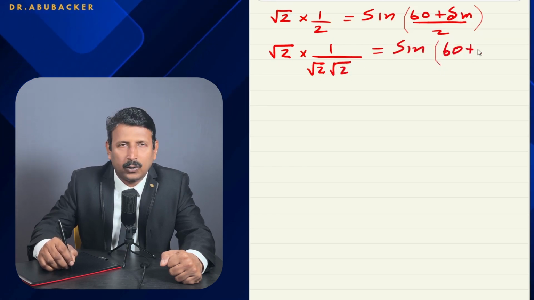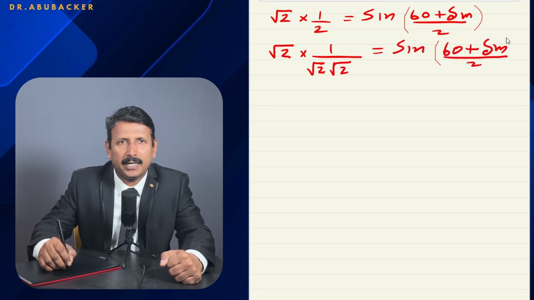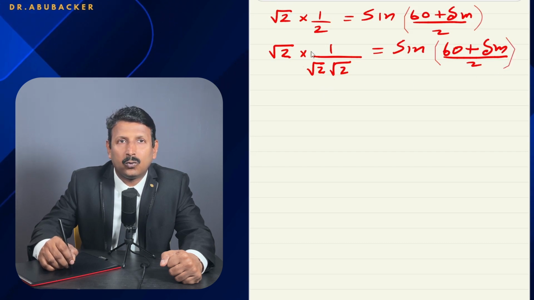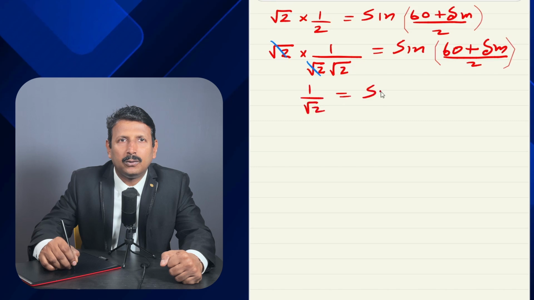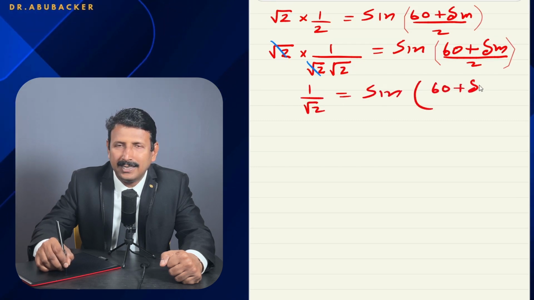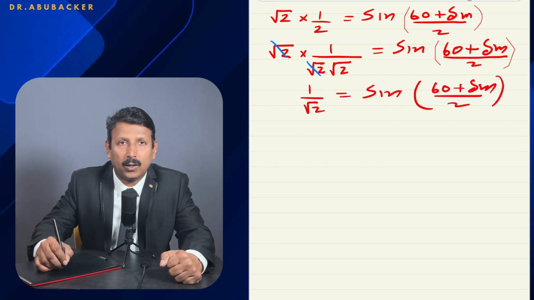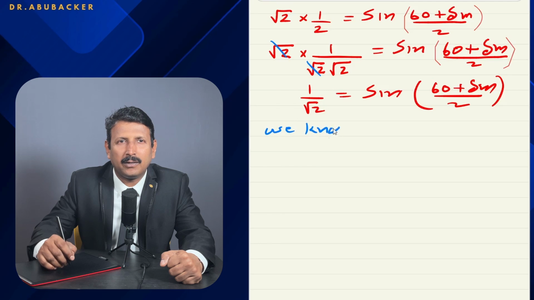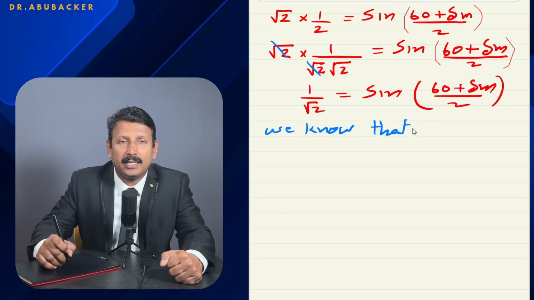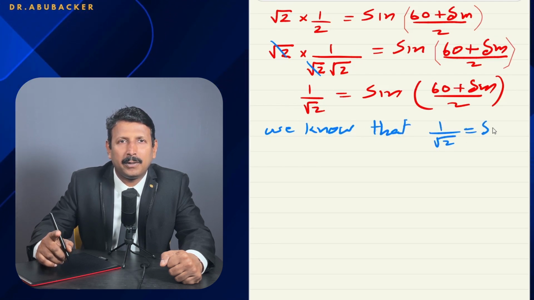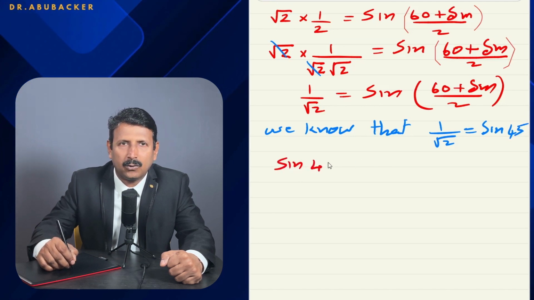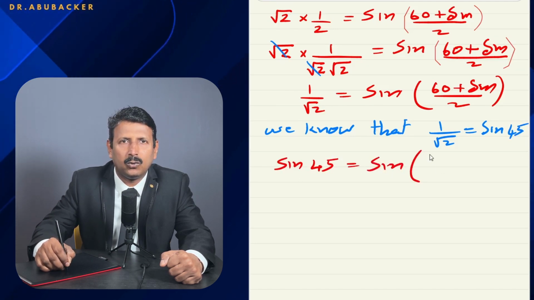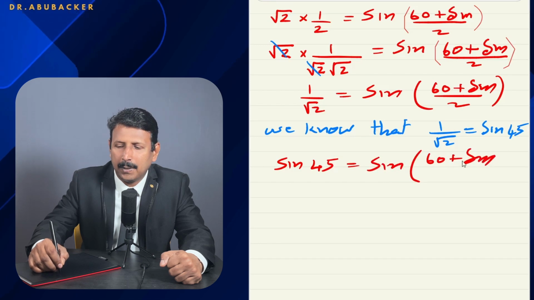So √2 cancels, and what is left on the left side is 1 by √2, equal to sine (60 plus delta m) by 2. You know that 1 by √2 is one of the sine values: sine 30, sine 45, sine 60, sine 90. 1 by √2 is sine 45. So we can replace that: sine 45 is equal to sine (60 plus delta m) by 2.